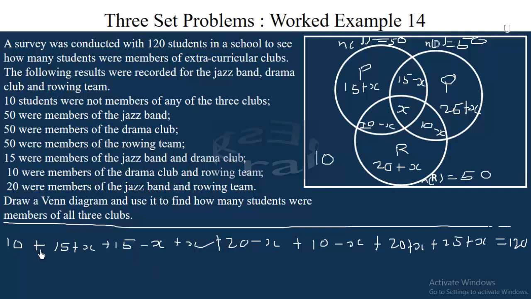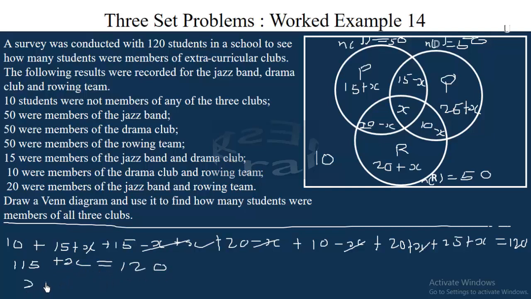So let's simplify. 10 plus 15 will give us 25. Then plus 15 will give us 40. Then plus 20 will give us 60. Plus 10 will give us 70. Plus 20 will give us 90. Plus 25 will give us 115. Then the x terms cancel out, leaving plus x, equal to 120.